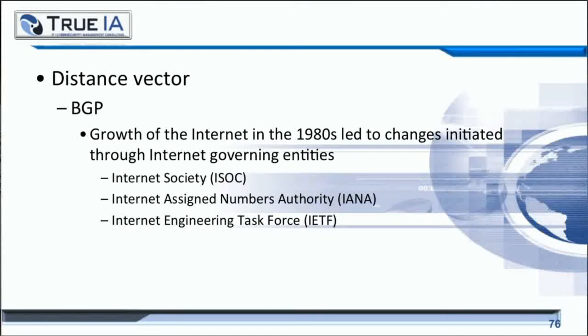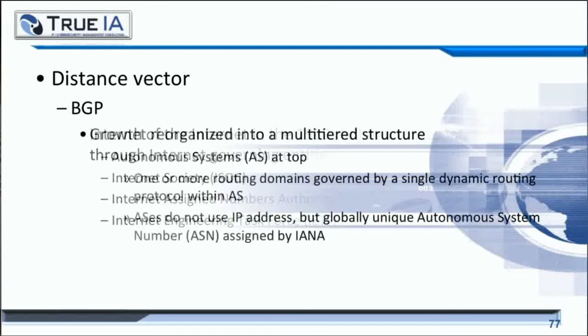Next, we have BGP. The explosive growth of the internet in the 80s led to changes initiated through internet governing entities like the Internet Society, IANA, and IETF. This led to a reorganization of the internet into a multi-tiered structure.